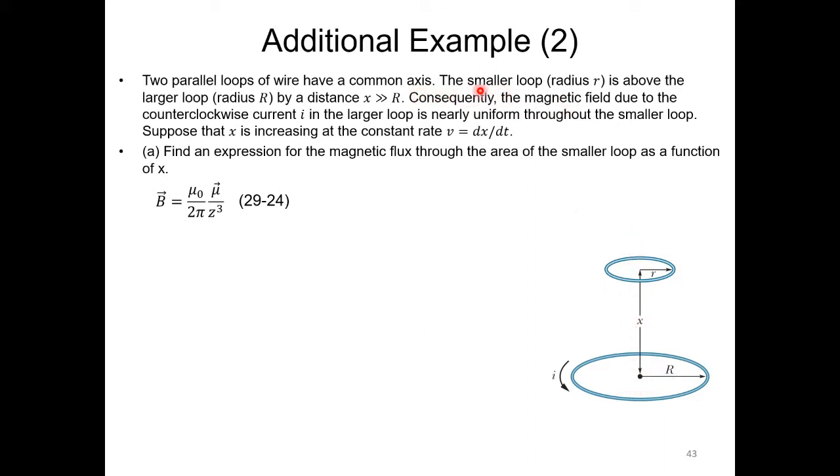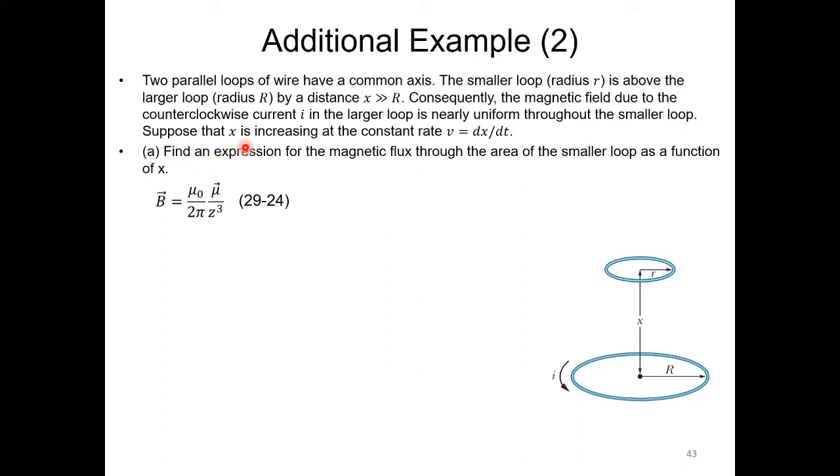The smaller loop with radius small r is above the larger loop by distance x, much larger than capital R. Consequently, the magnetic field due to the counterclockwise current I in the larger loop is near uniform throughout the smaller loop.